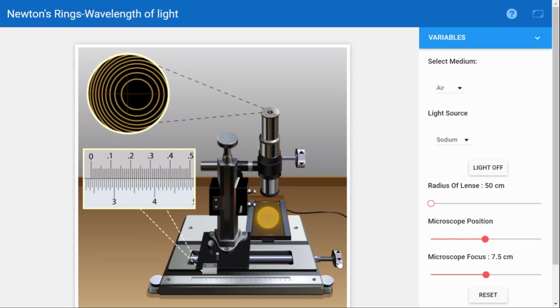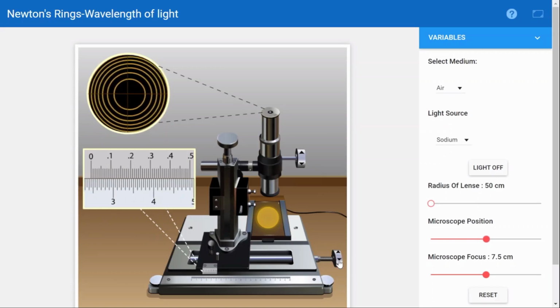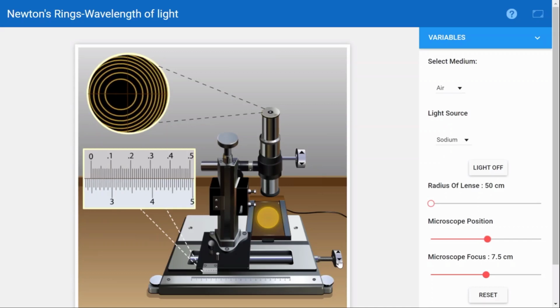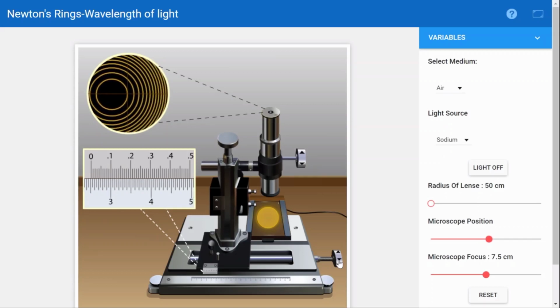For that I will just rotate the microscope and this will be my right hand side reading. Okay, fine. Now see over here, whenever I am moving to the right hand side reading, this is my 2.5, right?